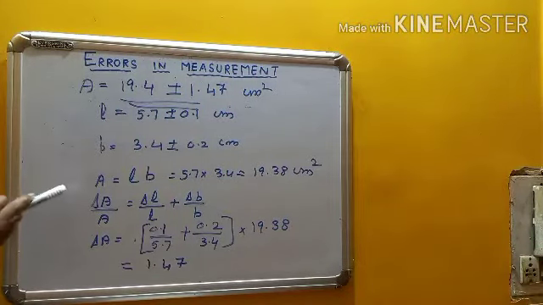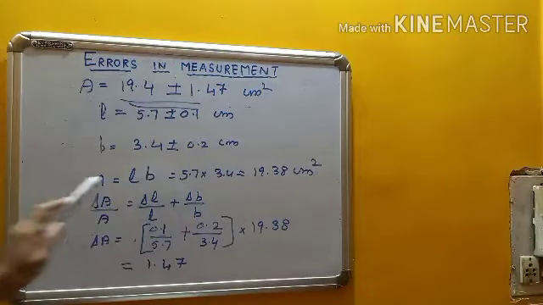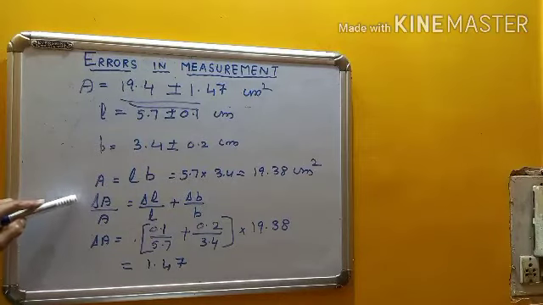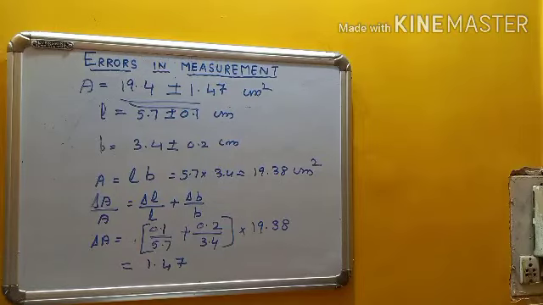Children, we first calculated the true value by using the formula L into B. Then, regarding the errors, relative errors get added when we multiply two quantities. So we wrote that formula and calculated the absolute error, because as per the question you are supposed to express the area in terms of the error limits.